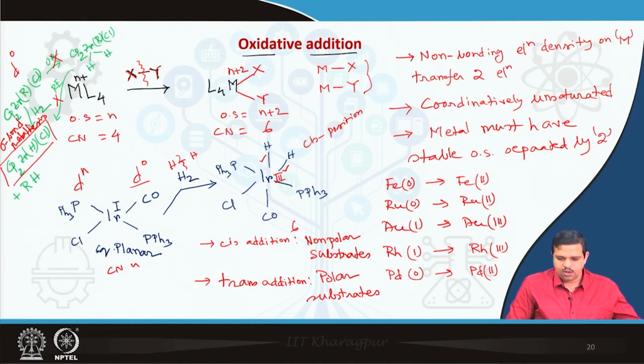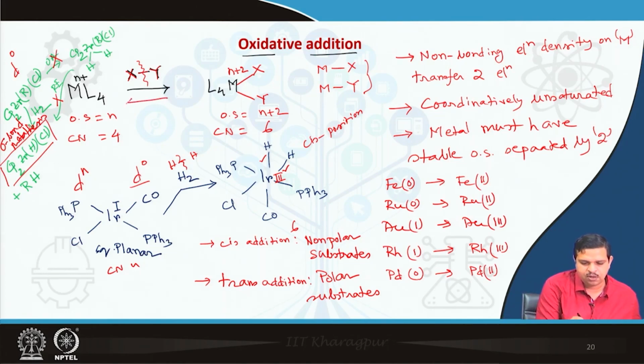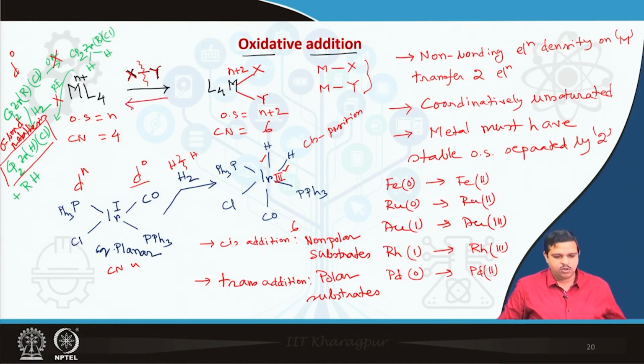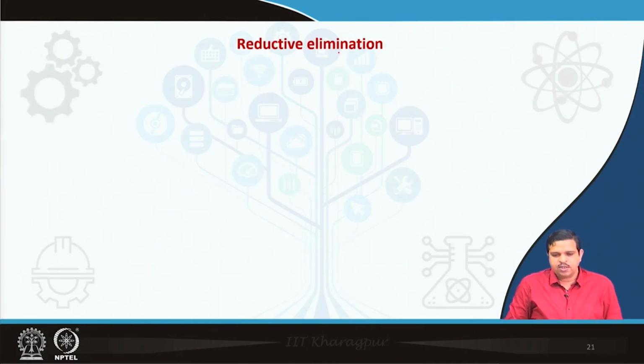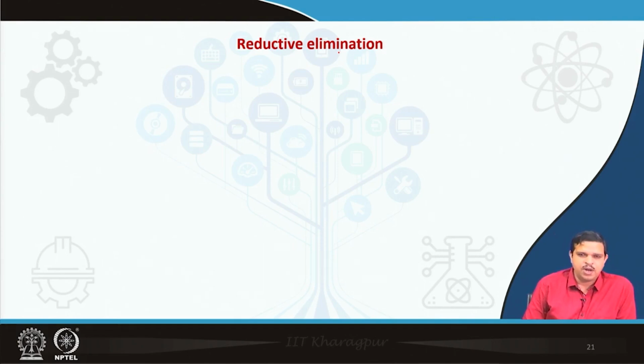Fine. Now we know what oxidative addition is. Now, what will happen if you think of the reverse reaction? If the forward reaction is oxidative addition, then for the reverse reaction just replace oxidative with reductive, and replace addition with elimination. So, let us try to understand what reductive elimination is. Obviously, this is just the reverse reaction of the oxidative addition.